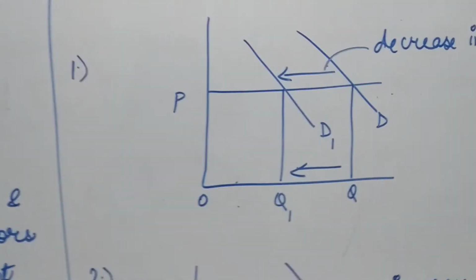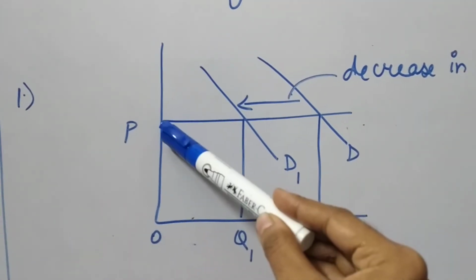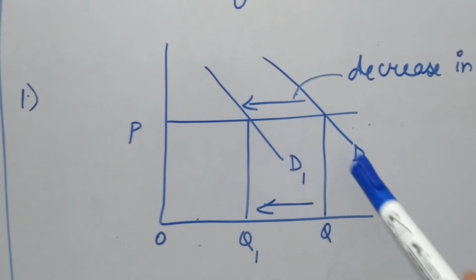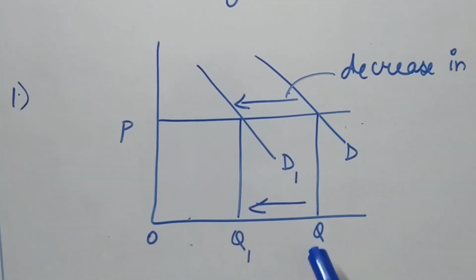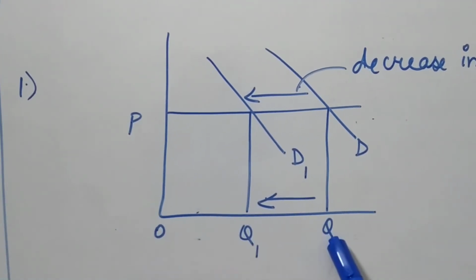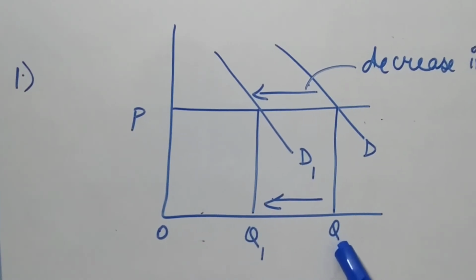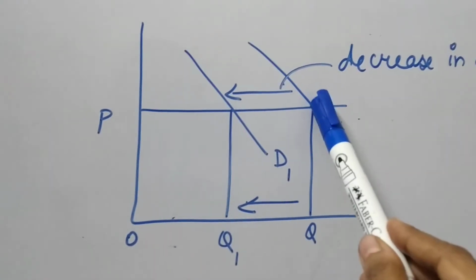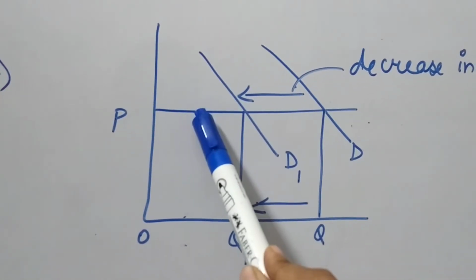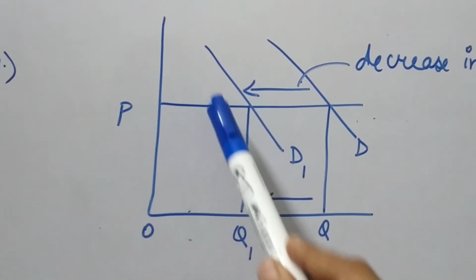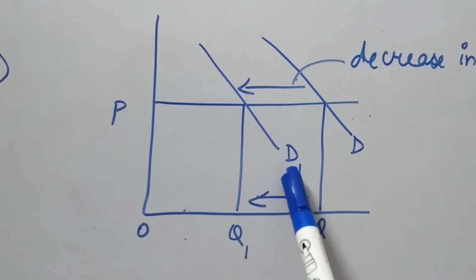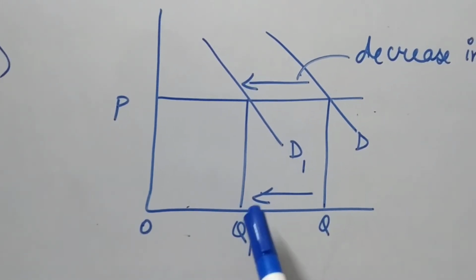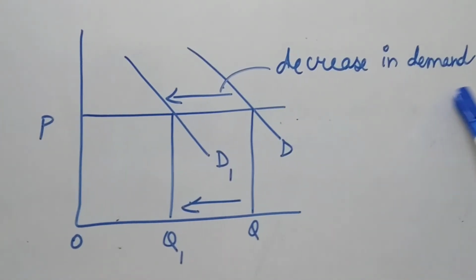First of all, see if the price is constant and the initial demand curve is D. At that time the consumer was consuming OQ quantity. But if due to changes in the other factors demand decreases, the demand curve will shift leftward, the new demand curve will be D1, and quantity is reduced. That is known as a decrease in demand.